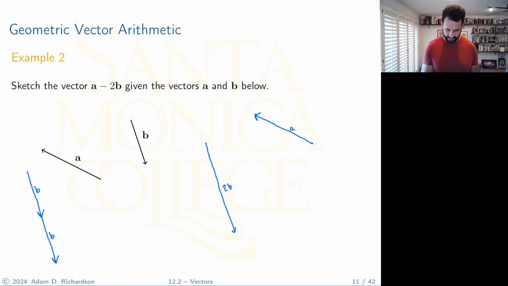However, I want the vector -2b. So I basically need to take this vector and go the opposite direction, which I'm going to do like so. Oops. Come back, come back. Okay, pretend that's a straight line. Wait, I can use technology. There we go. -2b.